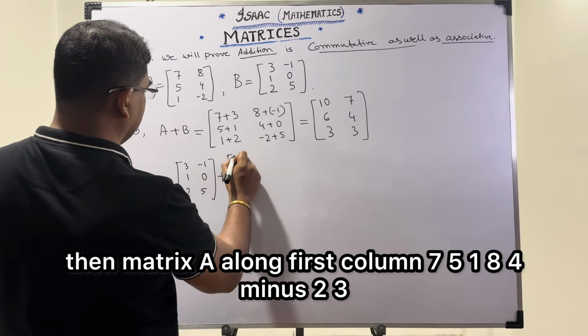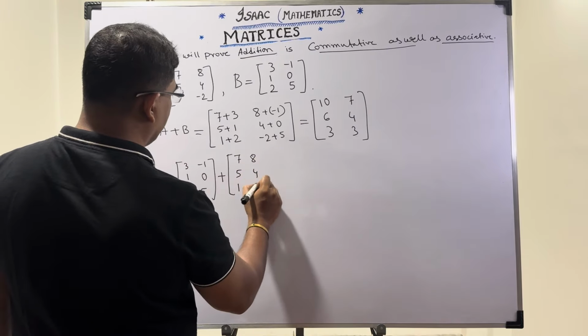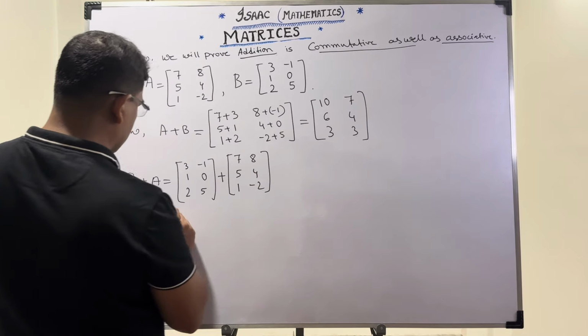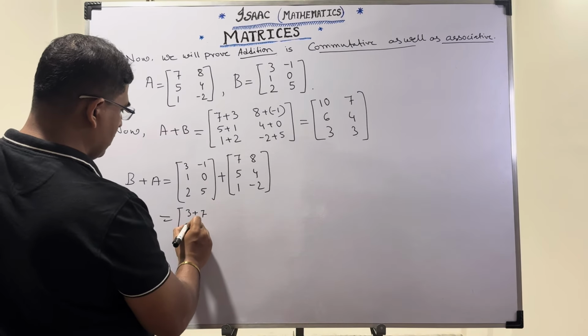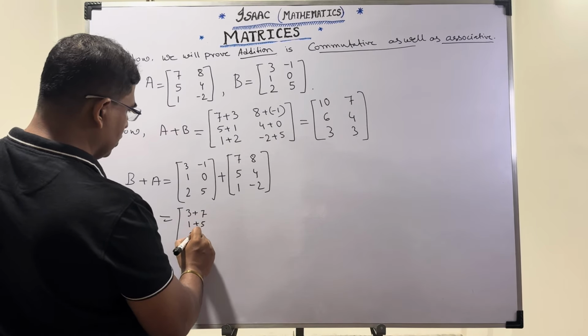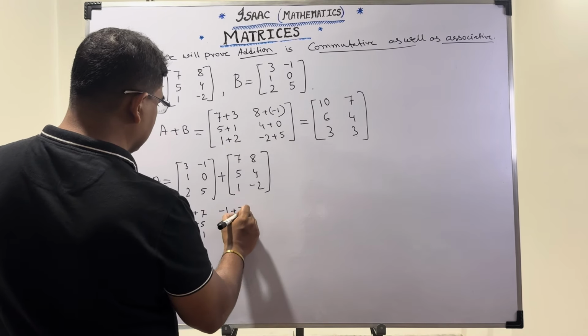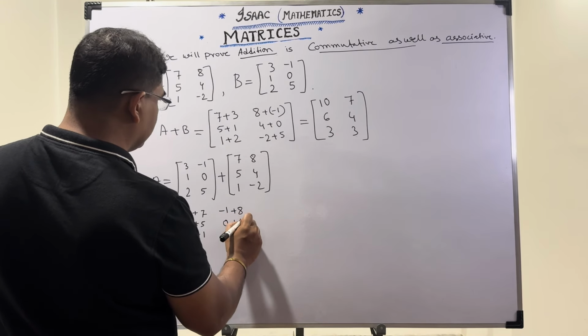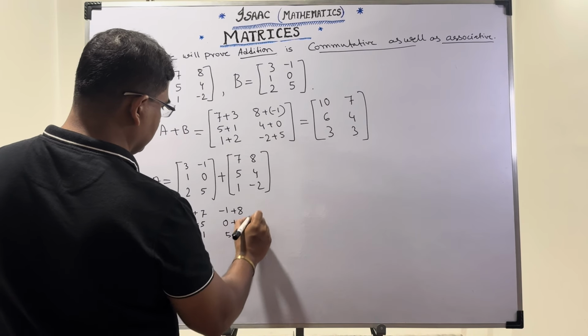Then matrix A along the first column 7, 5, 1, 8, 4, -2. 3 plus 7, 1 plus 5, 2 plus 1, -1 plus 8, 0 plus 4, 5 plus -2.